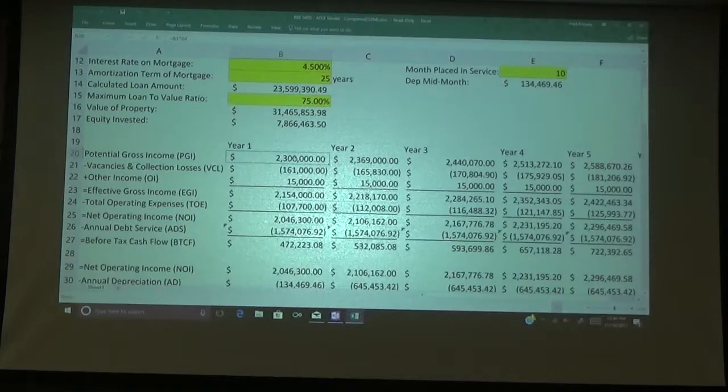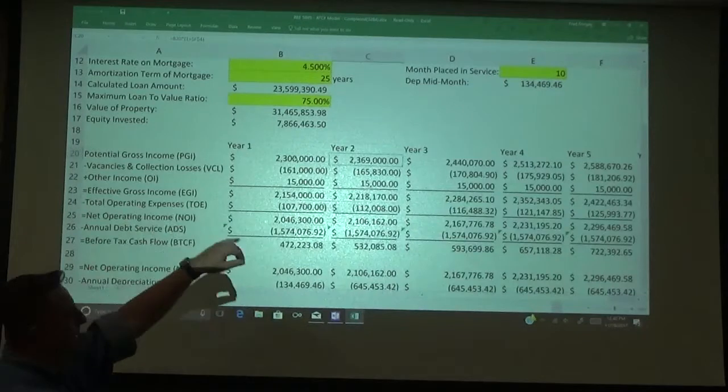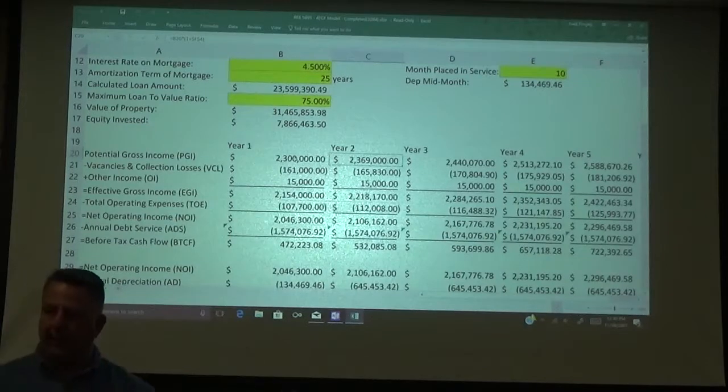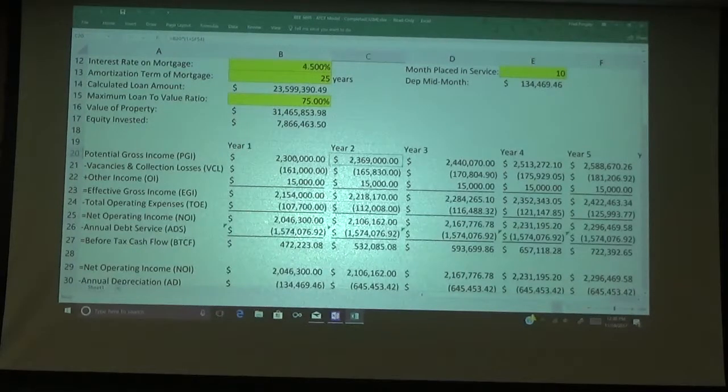That becomes our potential gross income. Okay, and then simply as we go across, what is happening is we are multiplying that income number by the growth rate in the income. Okay, so everybody see that? Once again, nothing new there.